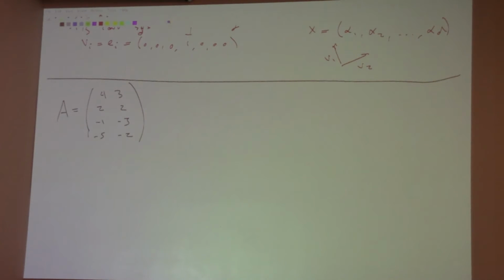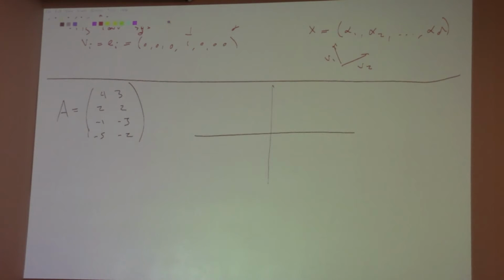And I've made sure that this was what's called centered. So if I sum up each of the columns, it's going to sum up to 0. That'll make things work a lot nicer.